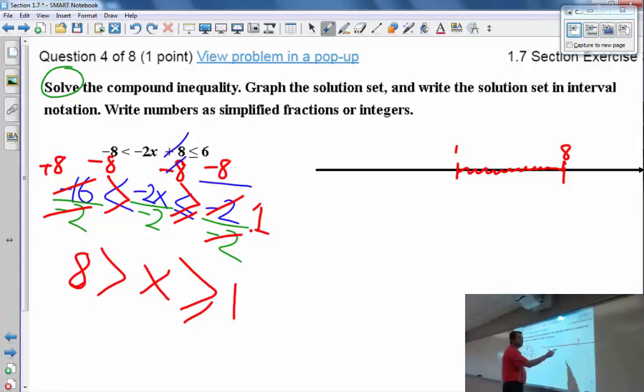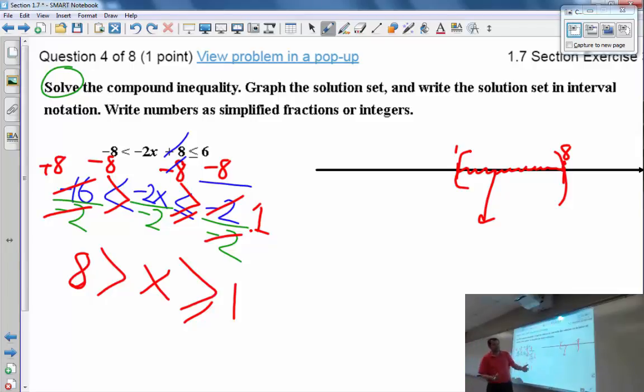Well, you need to turn this into an interval though. Oh, no, I missed something. How about parentheses and brackets? Which one is parentheses, which one is bracket? I see a bracket at one equal sign. I see no equality, so it is parentheses.